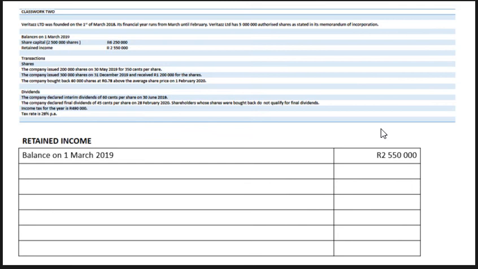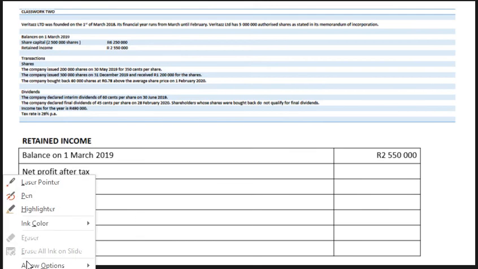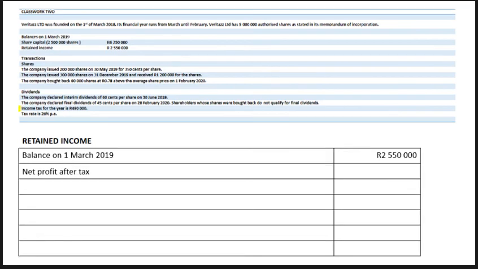Profit after tax. And your profit after tax, you were given income tax for the year, which is already at 28%. Profit after tax is at what percentage?